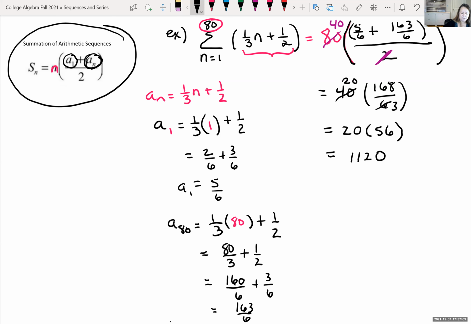So that's going to give us 1,120. So that's what we would sum if we had summed the first 80 terms of that arithmetic sequence. So this just gives us a shortcut on how to find summation. So that's arithmetic sequences.